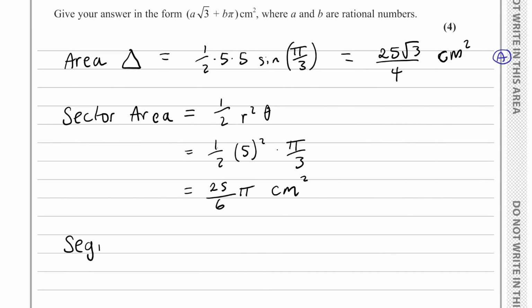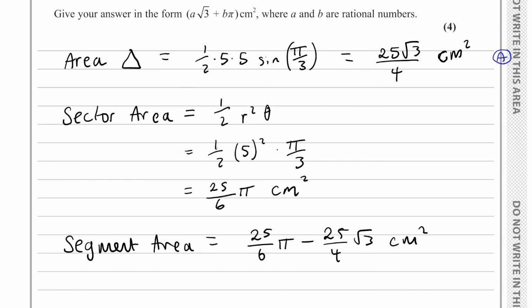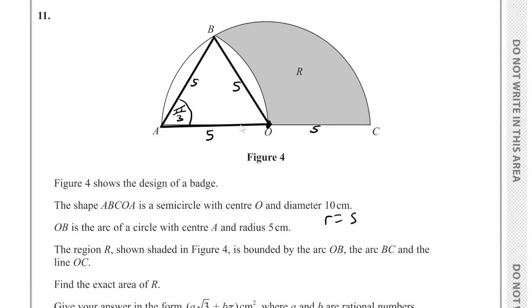Then to find the segment, it's a sector, take away a triangle. So the segment area is the sector 25 over 6 pi minus 25 over 4 root 3 centimeters squared. So that's the segment. And so we've got 2 segments. We've got the area.